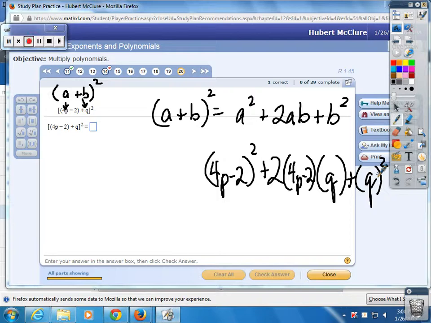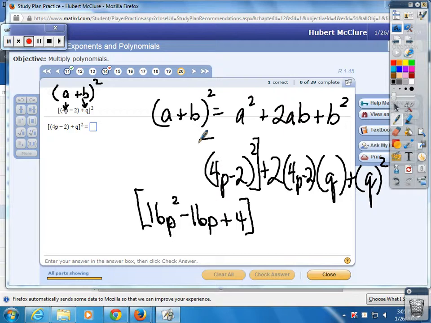You gotta square that number 2 here, so finish that out. So that's gonna be 16p squared minus 16 what? P plus what? Plus 4. And that takes care of that. I'm just gonna put that in brackets.